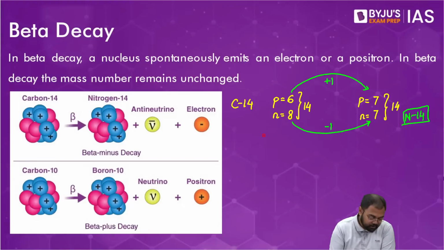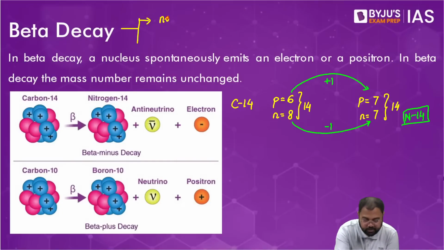So ultimately, you have to just know one thing: beta decay happens when the number of protons is not equal to the number of neutrons, and this can happen in both heavy and light elements.